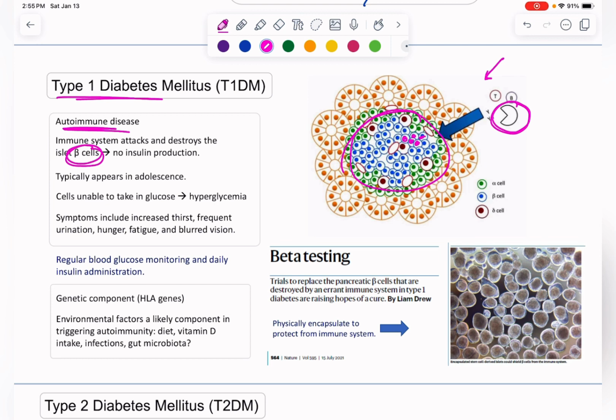What's the consequence of that? Well, you don't have insulin production, which means that the cells are unable to take in glucose. The result is hyperglycemia. And that's a problem because the cells need glucose to convert it to ATP.